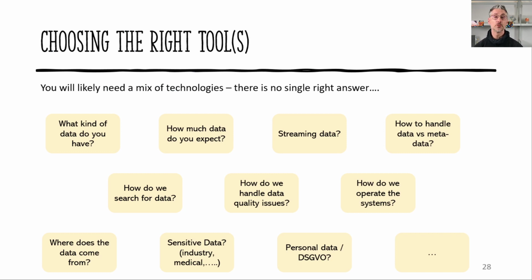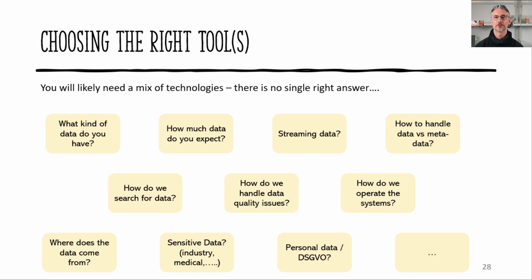So how do you choose the right tool, or rather the right tools? You will likely need a mix of technologies, so there is no single answer or silver bullet. Here are some questions that you can ask yourself, and then you need to step through the different technology choices and see what's optimal for you. So what kind of data do you have? Is it structured, unstructured?